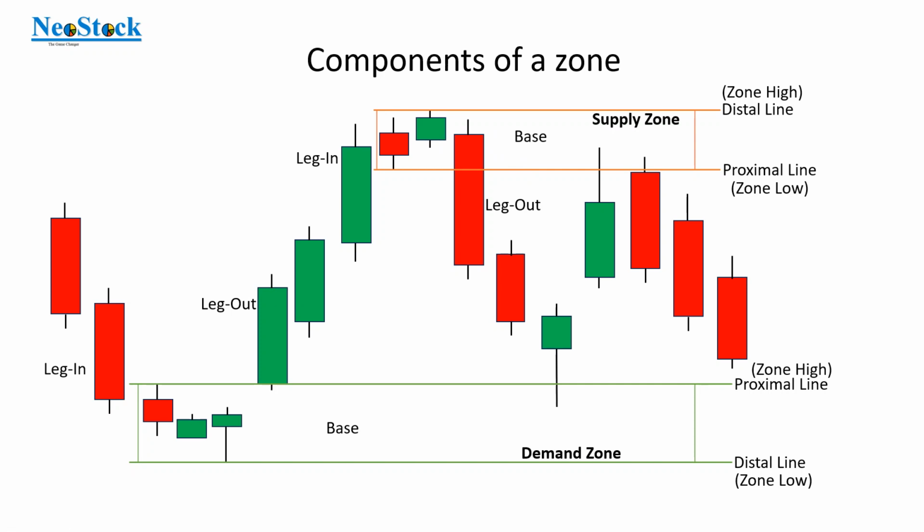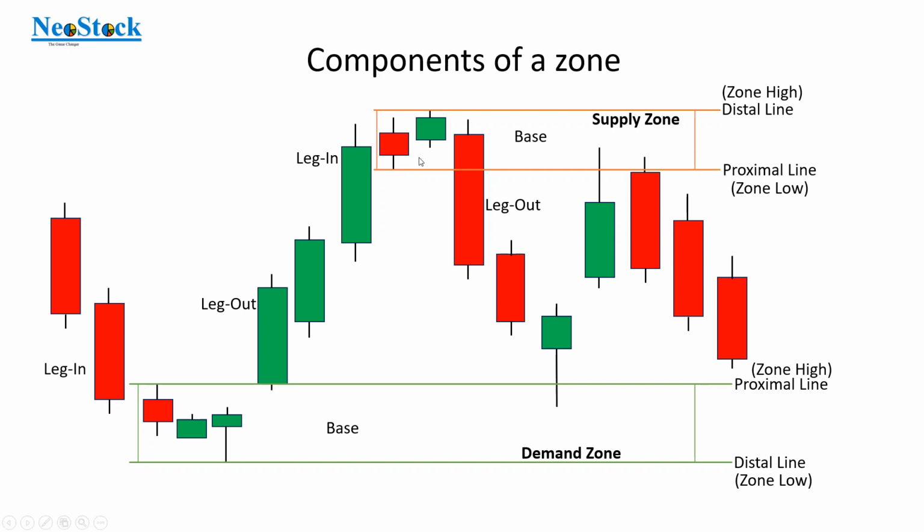Now you might ask a question. What about the leg in? Should it be a rally candle or a drop candle? Do we have any rules? No rules. For a demand zone, your leg in could be a rally candle or a drop candle. That could be a medium size or a large size.